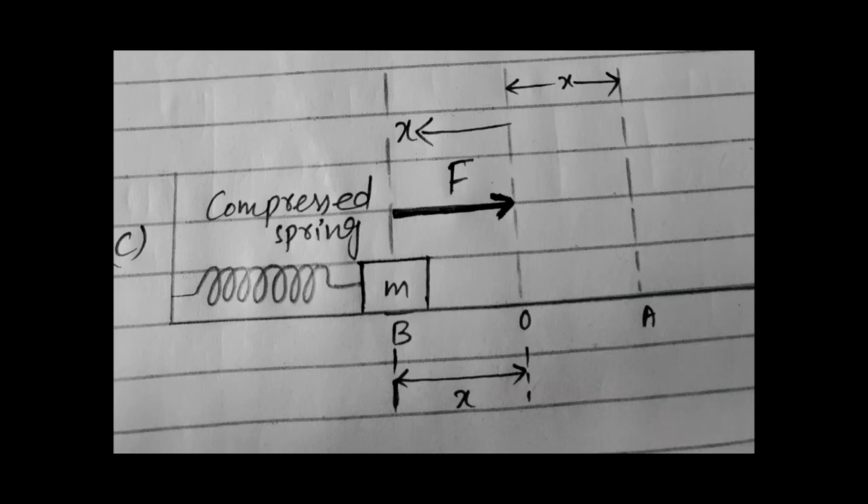The distance O to A and O to B is equal: distance OB is x and distance OA is also x. There is a condition in the definition of simple harmonic motion that the force direction will always be towards the mean position, and we can see that the force direction in figure C is towards the position O, which is the mean position or rest position.